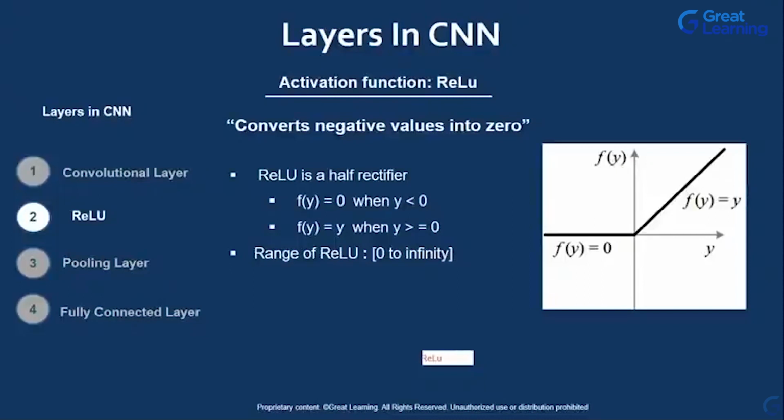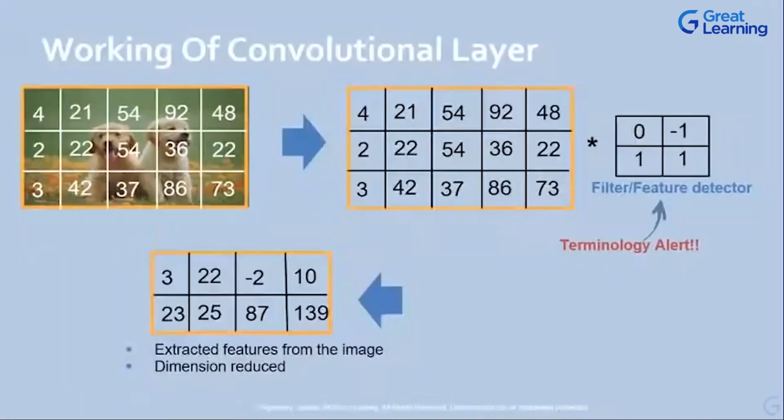I already told you that if a pixel value is a high number, there can be a feature, right? You can see I have 87 over here and 139, so I can consider that 87 and 139 have some feature.